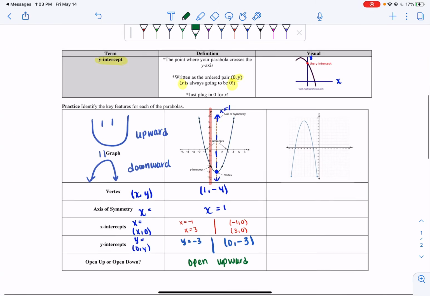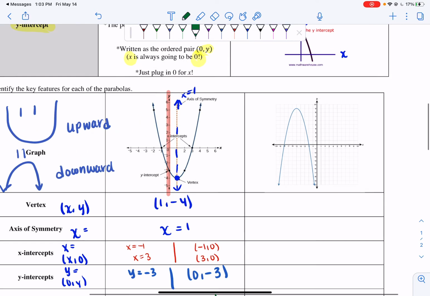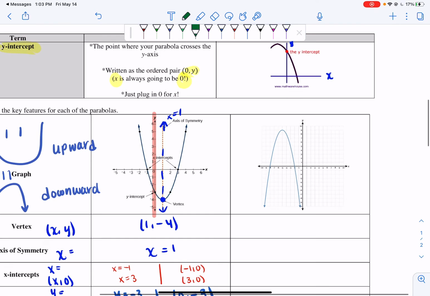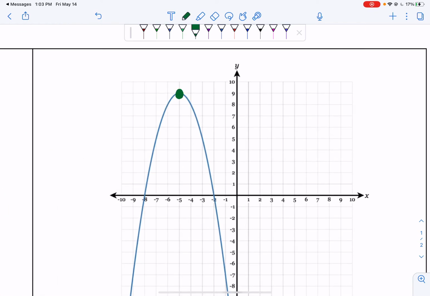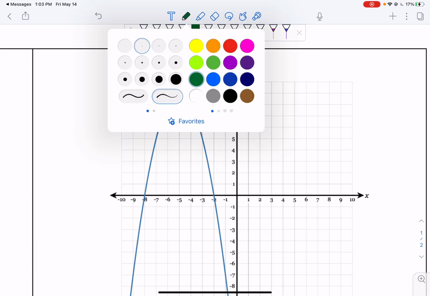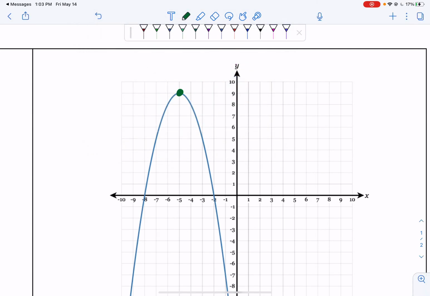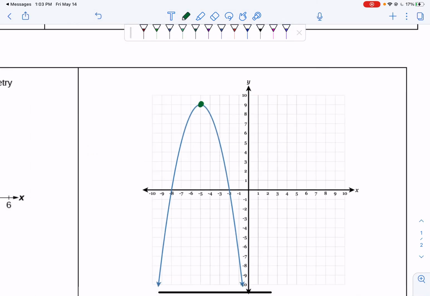Now let's go on to this graph where we have a lot of missing information. This graph asks us to find our vertex. So remember, your vertex is where your graph turns around. So if I look, I go up and up and up and up and up and up, and then boom, I turn back around. So my vertex is going to occur right here. So I need to ask myself what the x-coordinate is.